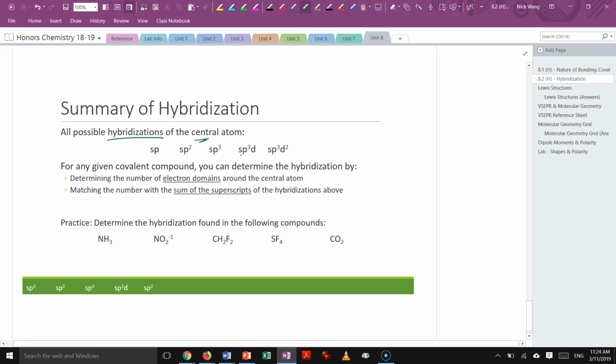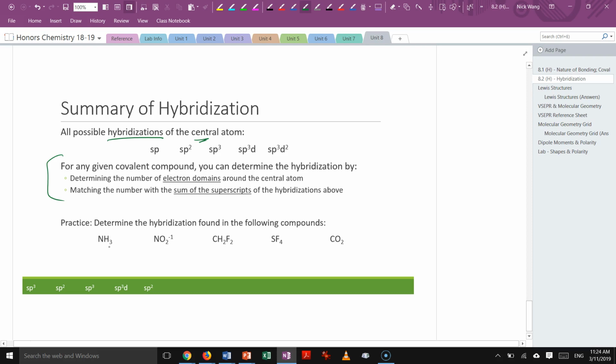This one, for example, was 1 s orbital, 3 p orbitals, and a single d orbital all mushed together, spit back out to make these sp3d. So here's how it works. For any given covalent compound, you can determine the hybridization by first determining the number of electron domains around your central atom, which is something we've had plenty of practice on so far. And then also matching that number with the sum of the superscripts of those hybridizations from above, from up here.